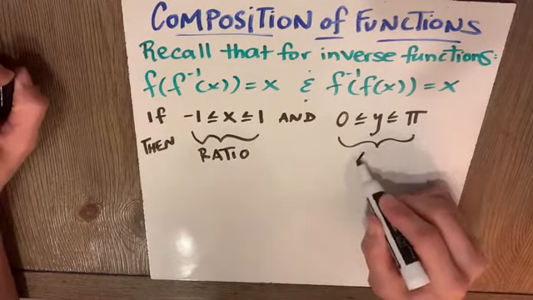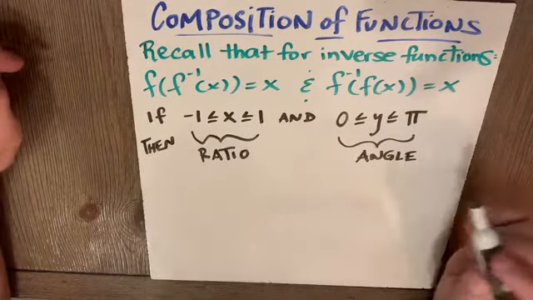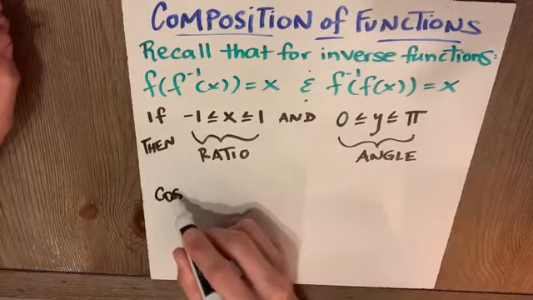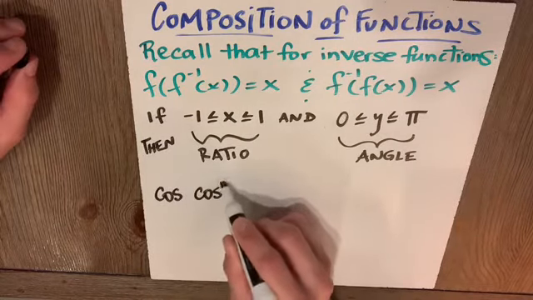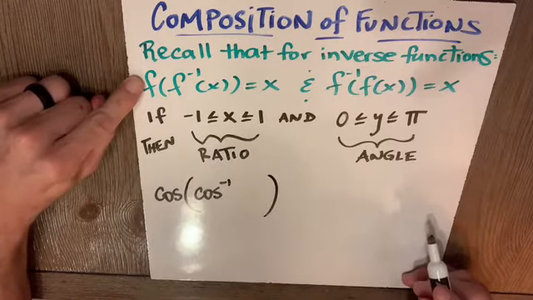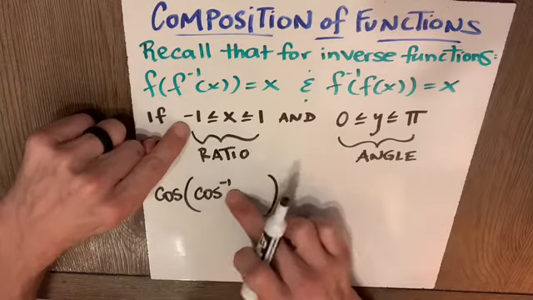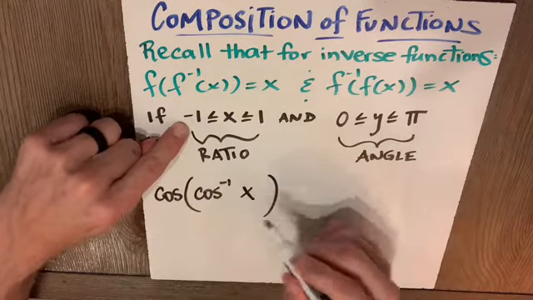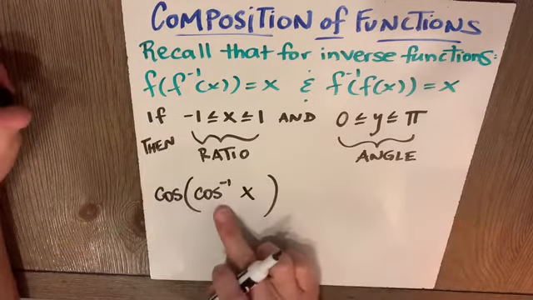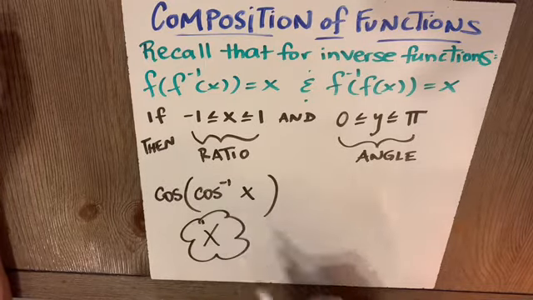So this must be an angle. Then we can conclude that cosine of inverse cosine of x, I'm just using this principle right here. Well, we take inverse cosine when we're looking for the angle. So we take inverse cosine of the ratio. So cosine and inverse cosine, they undo each other, and we're left with x.